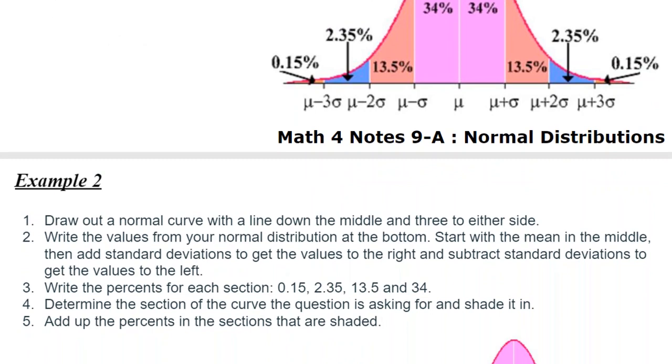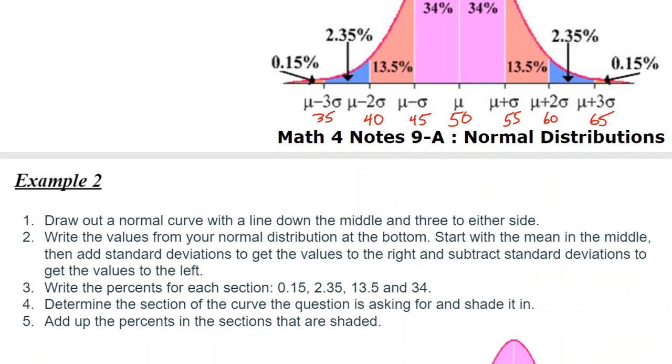For instance, if I had a problem where the mean was 50 and I had a standard deviation of 5, on either side I'd start adding 5 for each 1s, 2s, 3s, or I'd start subtracting 5 going down this way. Well, that's not negative. 45, 40, or 35.